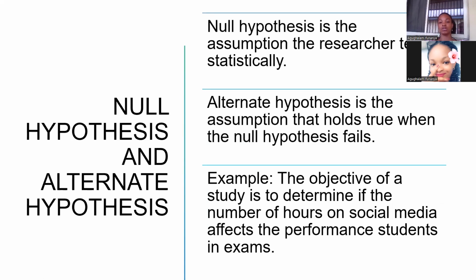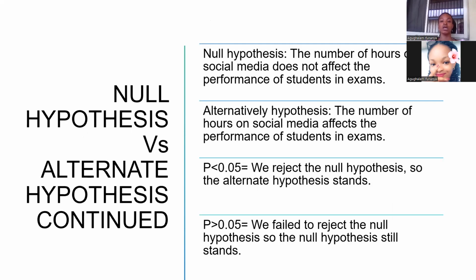So in a research work, there must be a null hypothesis. There must also be an alternate hypothesis. So let's say you want to determine if the number of hours on social media affect the performance of students in exams. You can see that the null hypothesis here is that the number of hours of social media does not affect the performance of students in exams.